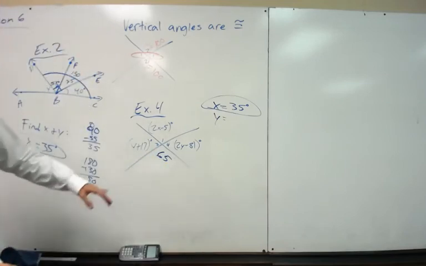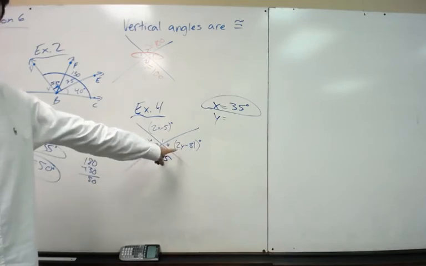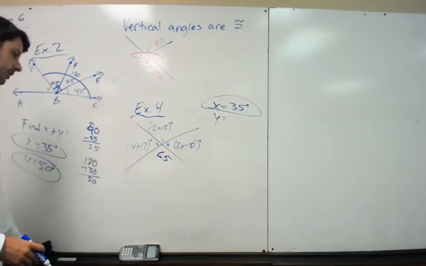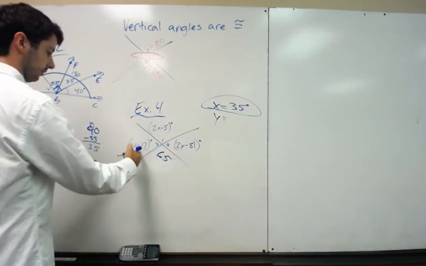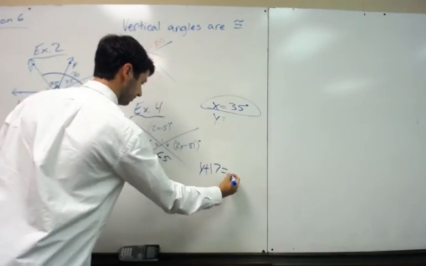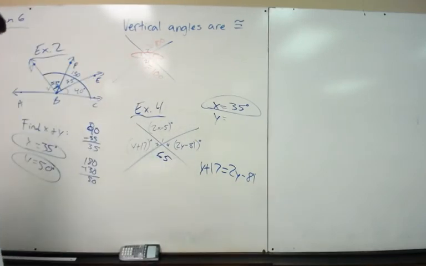And we could do supplementary angles. We could do that. Or we can go ahead and do vertical angles with 3 and 4. I'm going to go ahead and do vertical angles. Since we know that they are congruent, y plus 17 equals 2y minus 81. And then we solve for that.